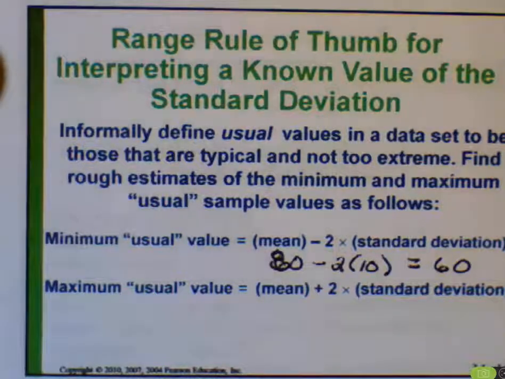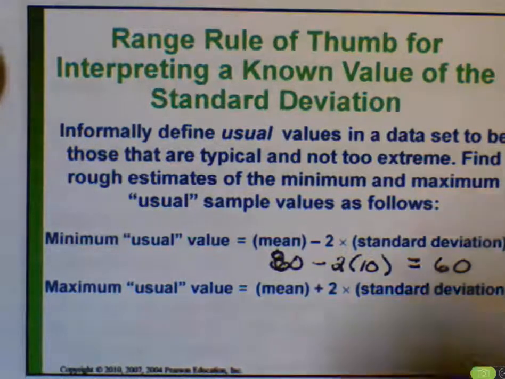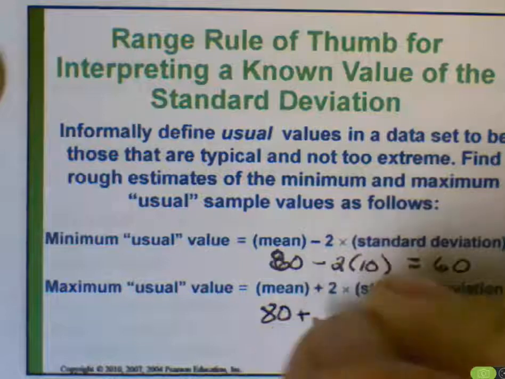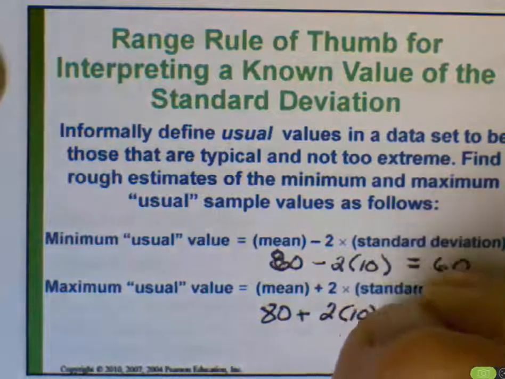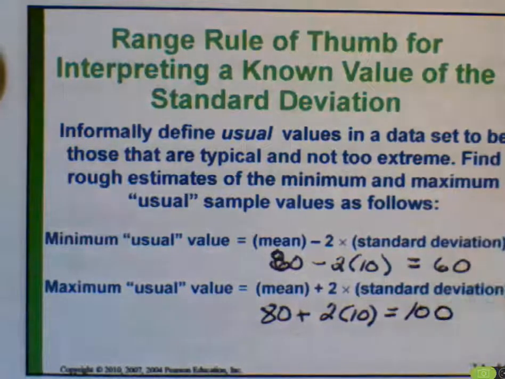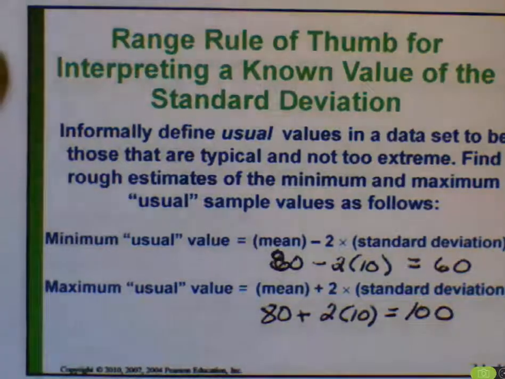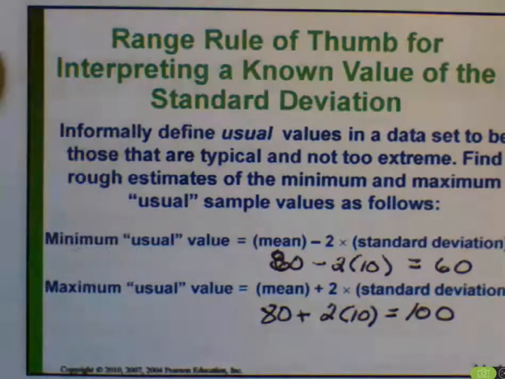And then find the maximum usual value by adding two standard deviations to the mean, and that's where we came up with the 100. Any scores between 60 and 100 are usual. Any scores less than 60 or greater than 100 would be unusual.